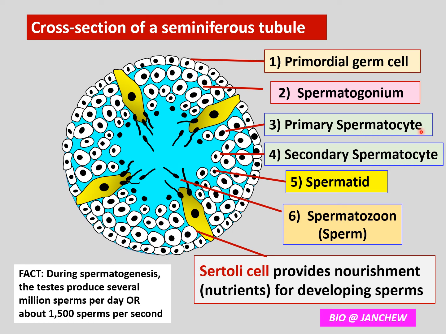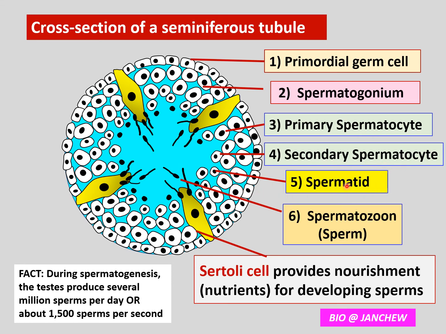Then primary spermatocytes undergo meiosis 1 to form secondary spermatocytes, and here the number of chromosomes is reduced to half. So the secondary spermatocytes are haploid cells now, the first time that the cells are haploid. Next, the secondary spermatocytes undergo meiosis 2 to form the spermatids.